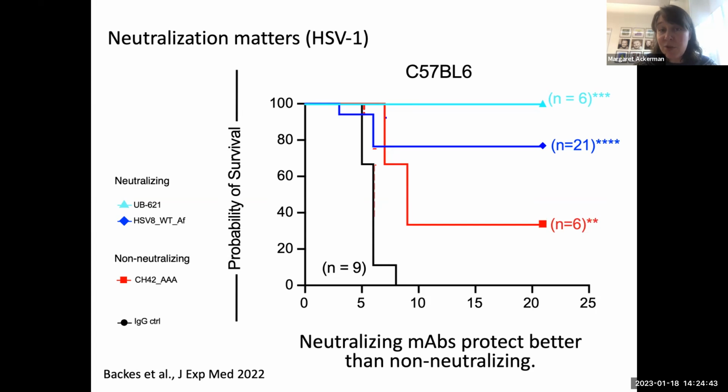And for the same dose of antibody, protection varied with respect to neutralization activity. The most potently neutralizing antibody protected better than the antibody that didn't exhibit any in vitro neutralization activity at this dose.